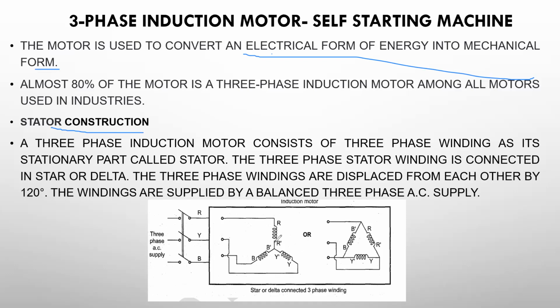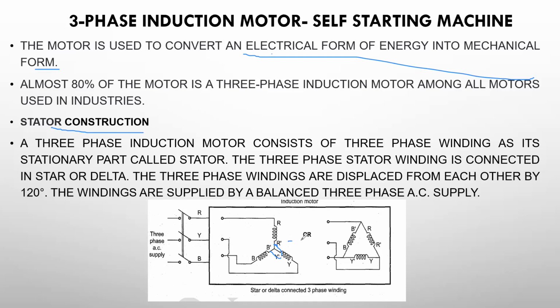In the star connected, each phase is displaced by 120 degrees. This R, Y, B, each angle is 120 degrees. It is displaced. And we are giving RYB supply. Three-phase AC supply is given to the star-connected network or a delta-connected network. That is the stator construction.